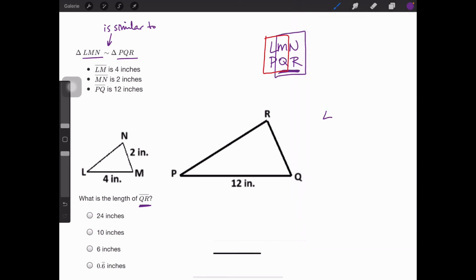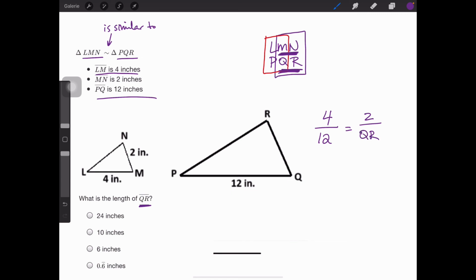LM is 4 because it tells me in the problem. So LM is 4. PQ is 12. So 4 over 12 equals, and now I'm going to use my purple rectangle. That's going to equal MN, which is 2 over QR, which we do not know.